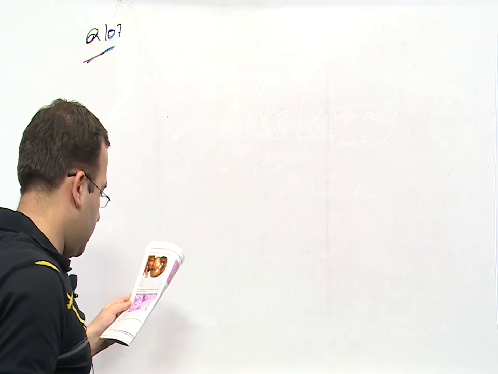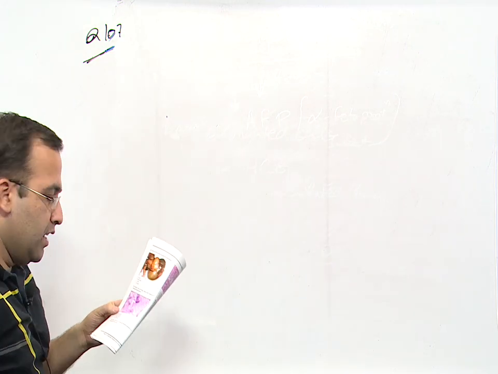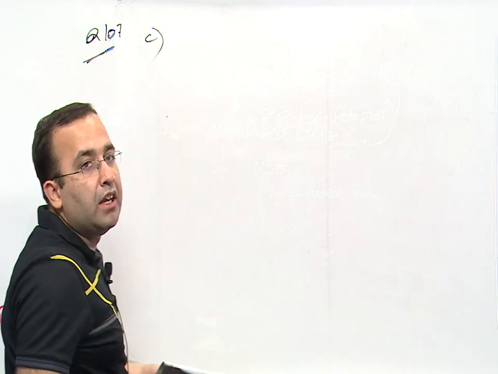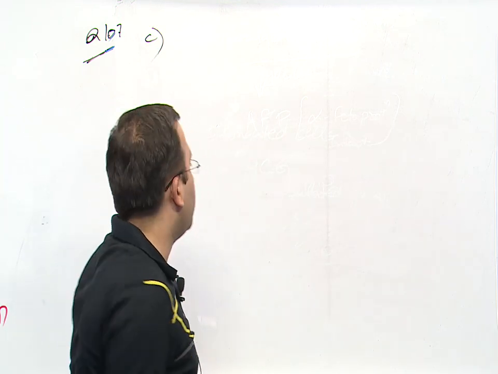Next, question 107. Identify the cell in rheumatic heart disease. The examiner told you everything by even mentioning rheumatic heart disease.